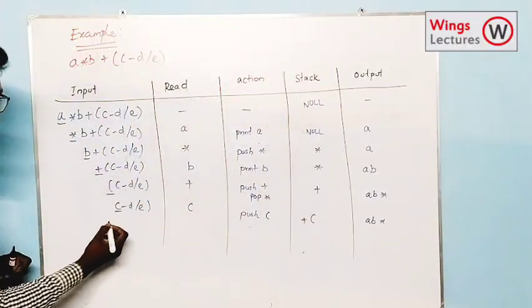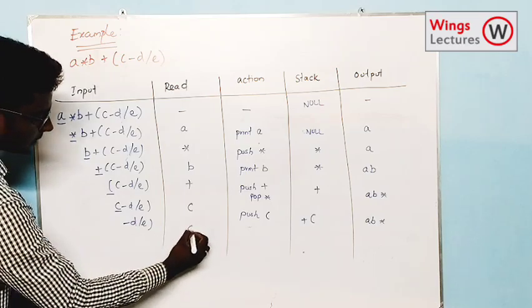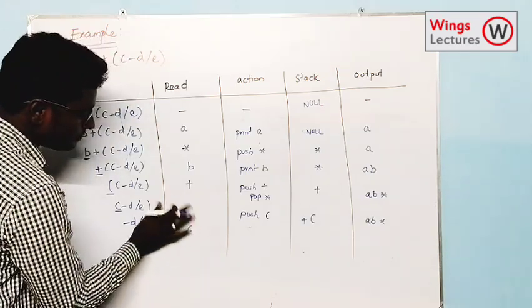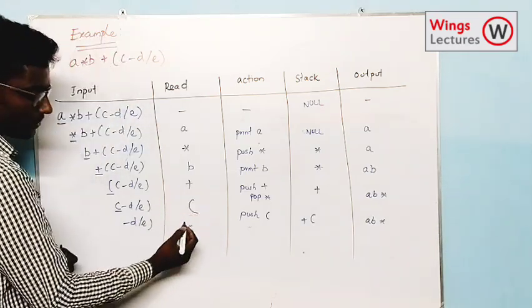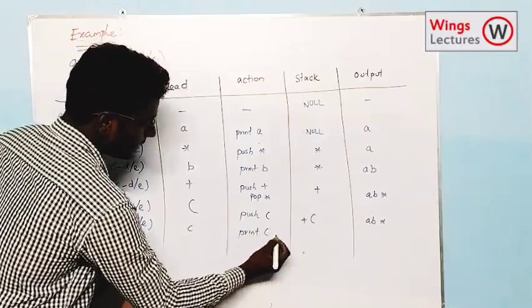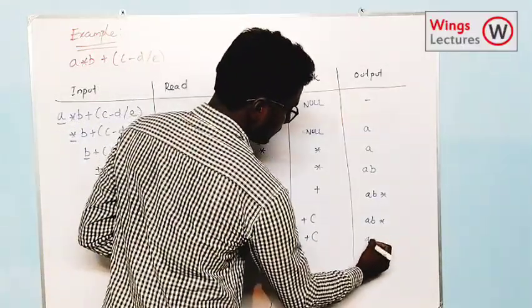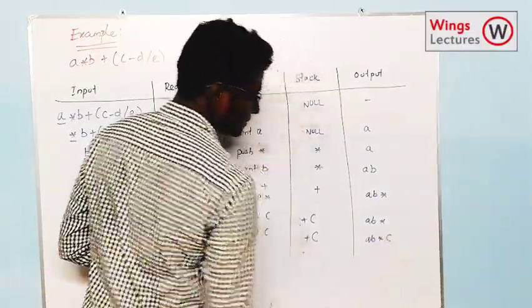Then what am I going to read? C. It's an operand, so I am going to print C. The stack remains the same, A, B star, C.